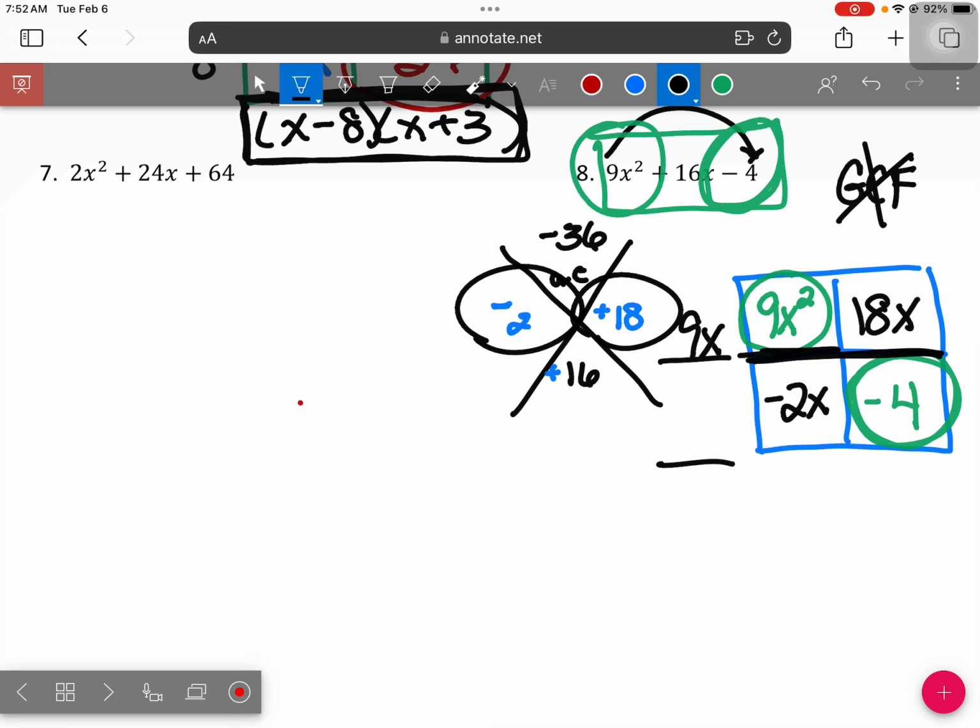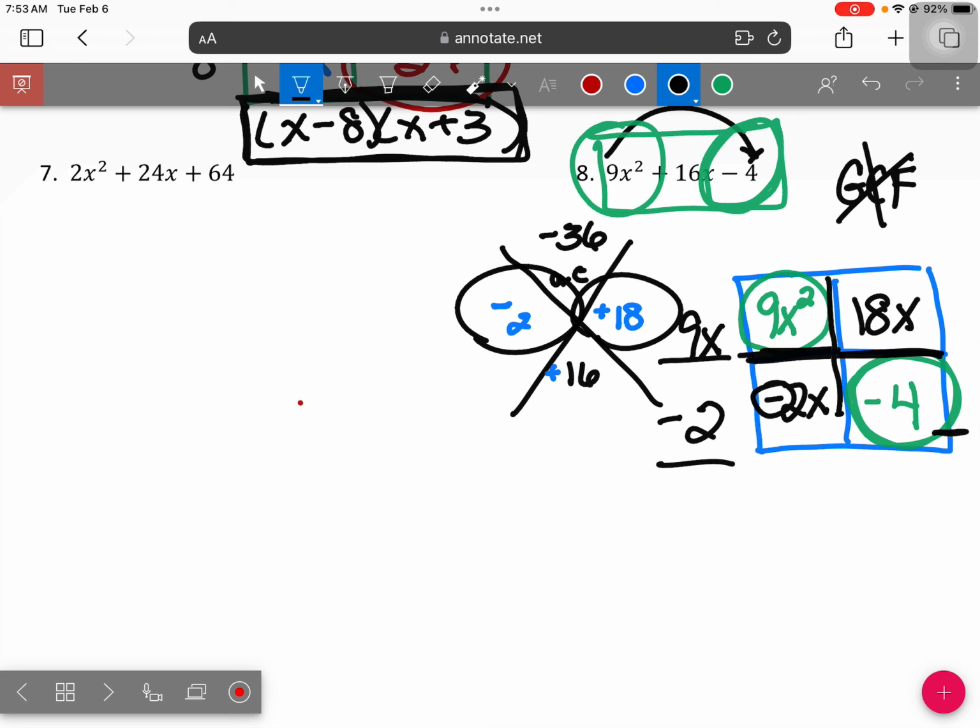There you go. How about negative 2x and negative 4? TJ. Not an x. This one doesn't have an x. Negative 2. Yes, I like how you added that negative there, right?